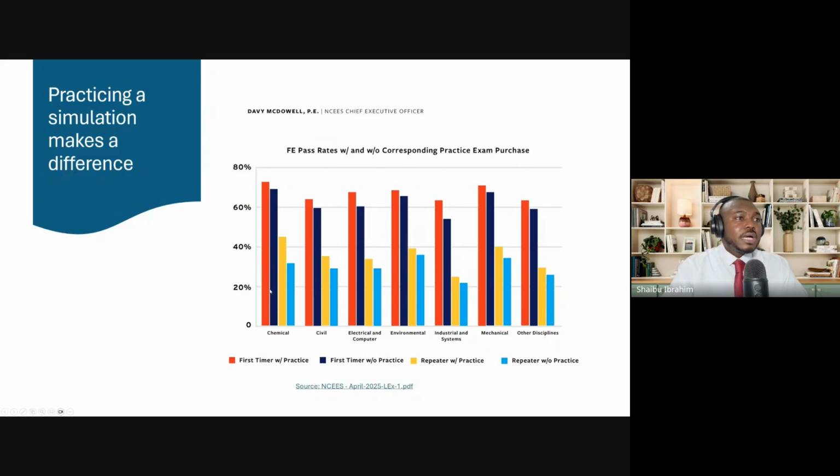So if we look at electrical, we can see that the first time takers with practice have almost like getting to 70% passing rate. And then without practice, there's always like 60%. Repeat takers, the percentage is lower. We have it here, almost getting to 40%. And then without the practice, it's almost like 30%.